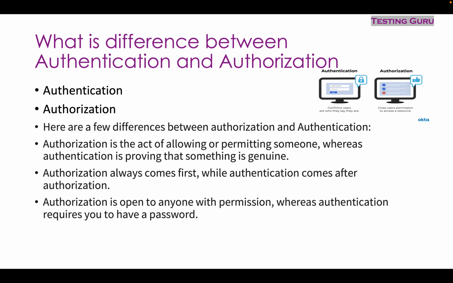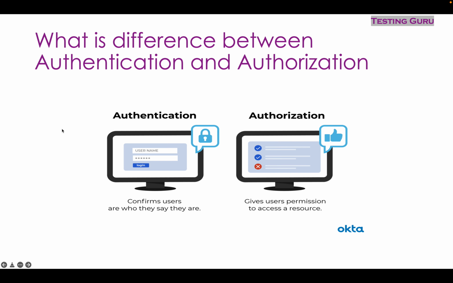So to understand more, I'll show you in a pictorial diagram how it actually works. In authentication, you have to confirm who you are by giving a user ID and password. That's how authentication works. But authorization is not the same as authentication. In authorization, you have to have permission to access that.